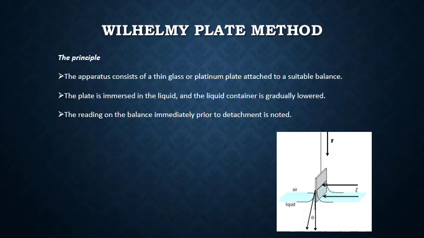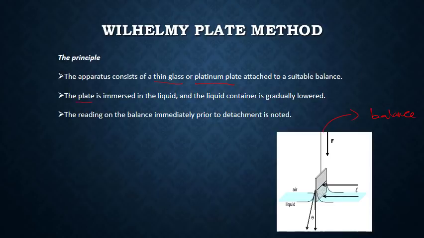So the third method that you can use is the Wilhelmy plate method, and the principle of this method is that the apparatus consists of a thin glass or platinum plate attached to a suitable balance. So you attach it to a balance, okay.